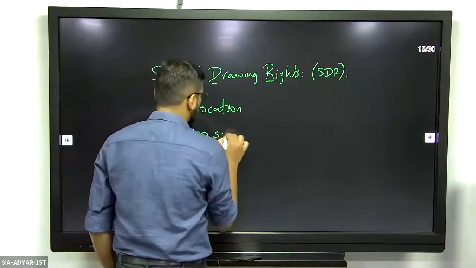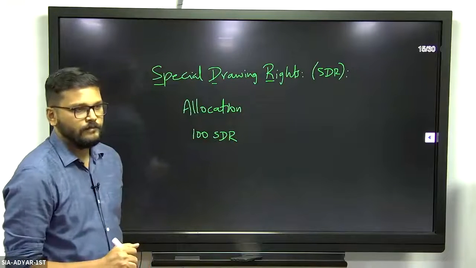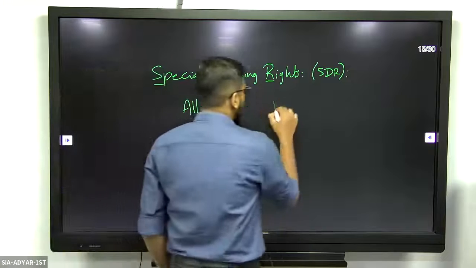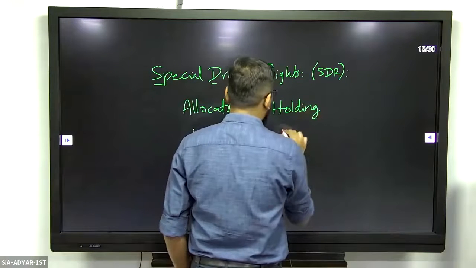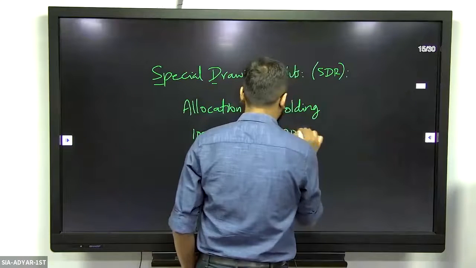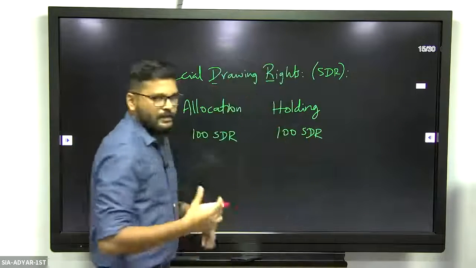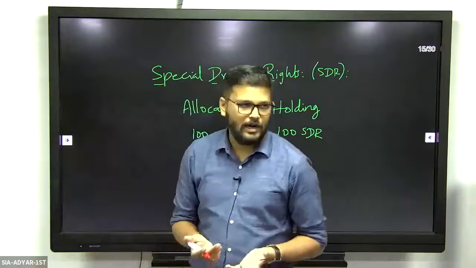Let's say they have allocated 100 SDR to India. At that time, we'll be holding 100 SDRs. It's the same thing. They have allocated 100 SDR from their perspective; from our perspective, we are holding 100 SDR.